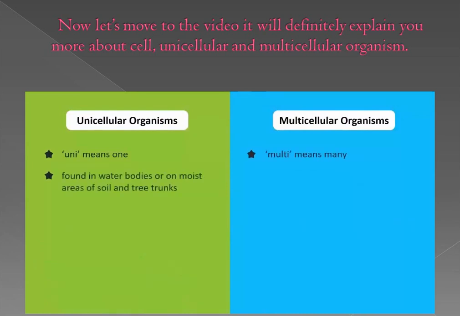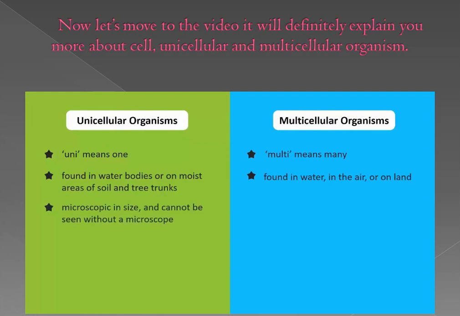Unicellular organisms are usually found in water bodies such as ponds, lakes, rivers, sea, or on moist areas of soil and tree trunks. Multicellular organisms are found in water, such as fish, in the air, such as an eagle, or on land, such as lions, or maybe a tree.